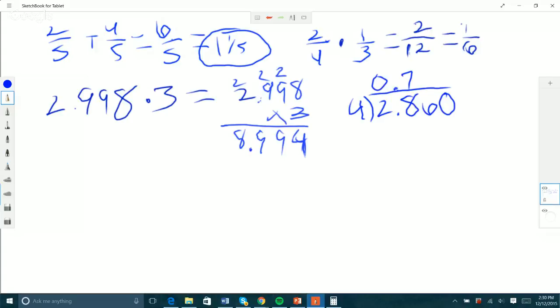Or divide by 6, it's just 1, because 6 and 4 have a little remainder. Let's put the 0 down there.